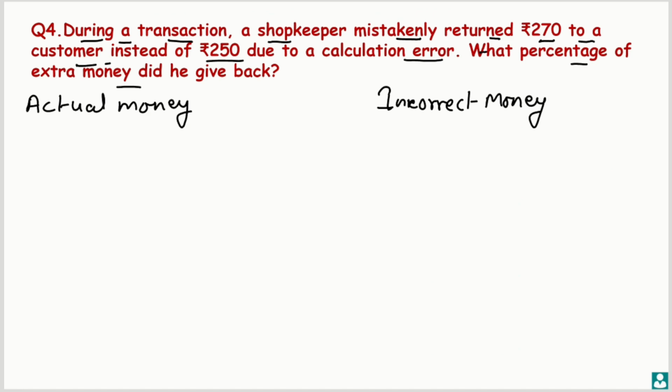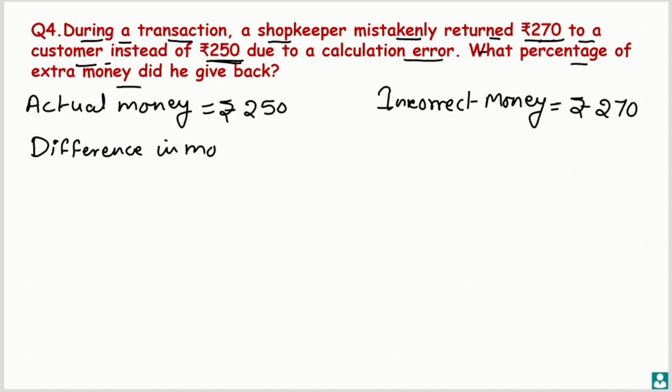What he should have written is 250 rupees. So this is the actual money. Instead of that, what he had written is 270 rupees. So this is the incorrect value. The difference in money is 270 minus 250, which equals 20 rupees.